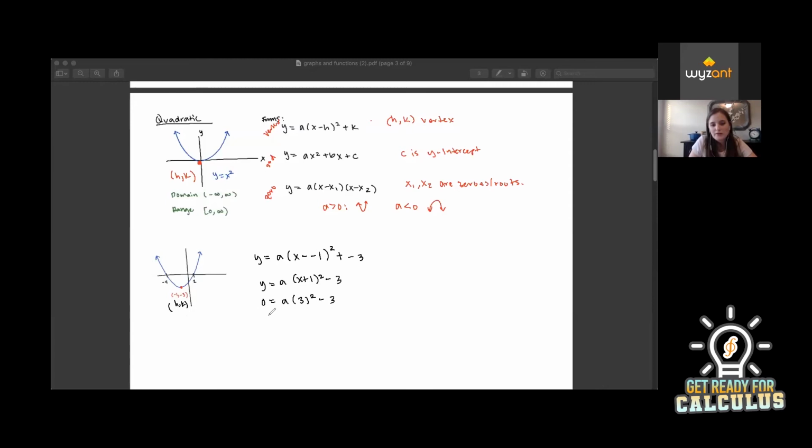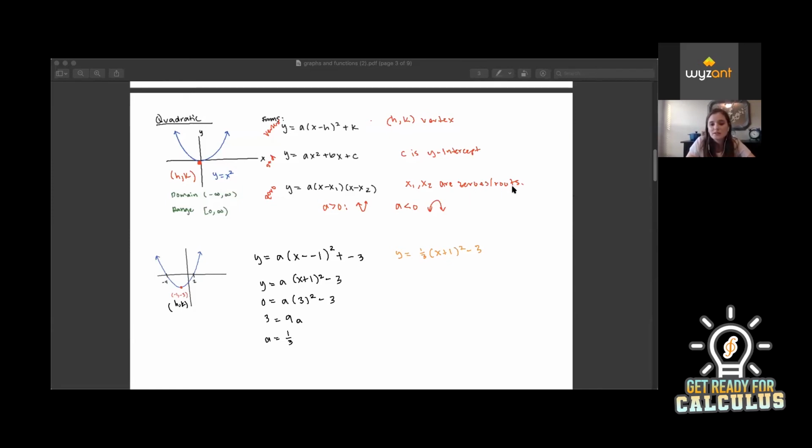If we move that 3 to the other side, we get 3 squared, which is 9, times a. So a is going to be 3 over 9, or 1/3. Then we can go back to the original equation and plug in our a, and we'll have the full equation: y equals 1/3 (x plus 1) squared minus 3.